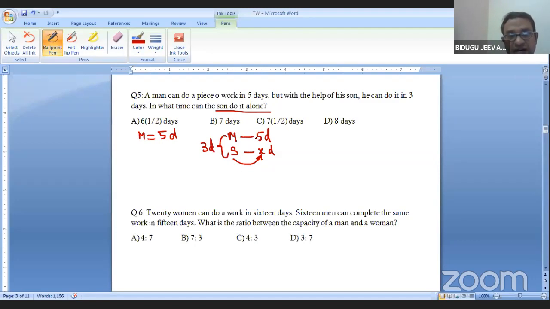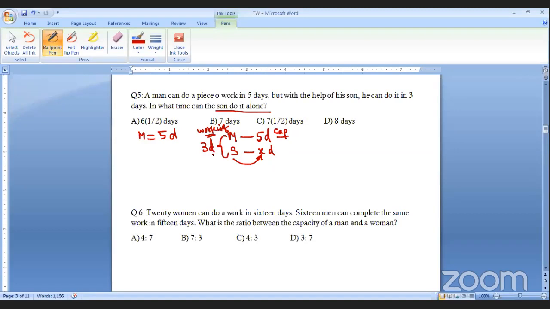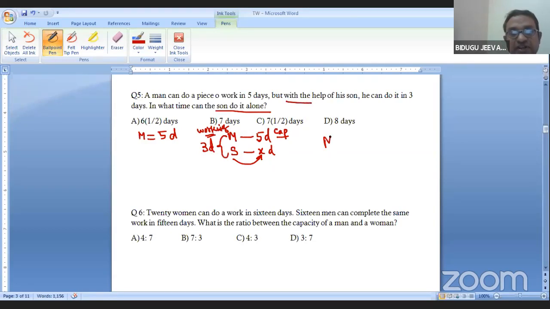Are you following this expression first of all? Yes, sir. We say that the right side is capacity. This is nothing but working days. See, in the question given, initially the father is there.